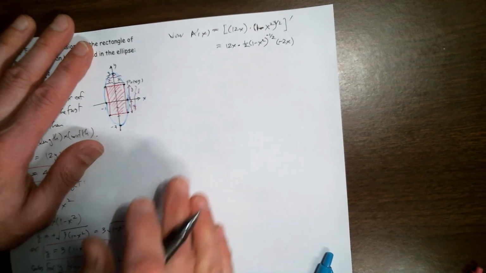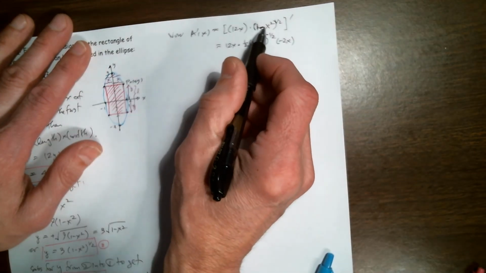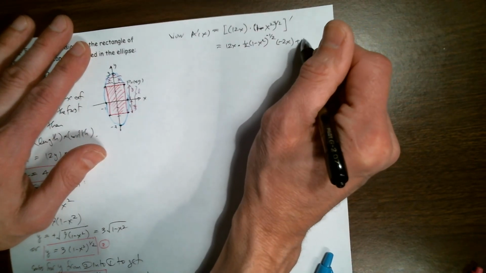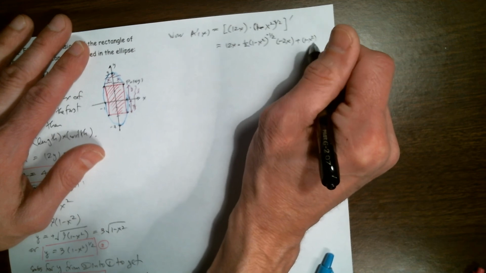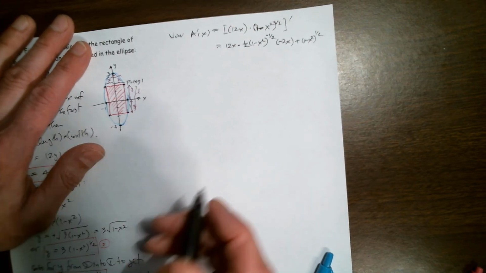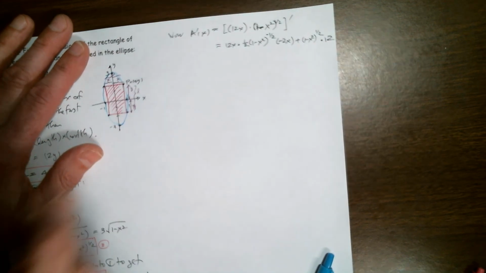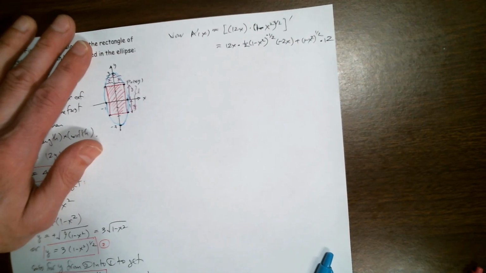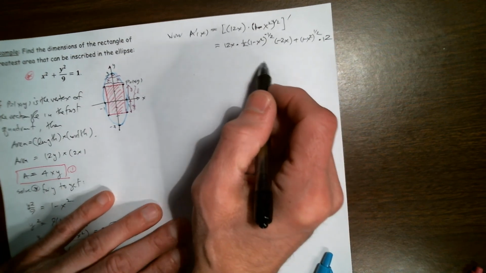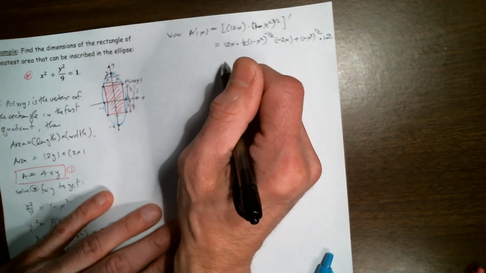Okay, so that's the first times the derivative of the second, and then of course plus our second function, 1 minus x squared to the 1/2 times the derivative of 12x, which will be 12. Okay, so now let's see, can we simplify this formula? And of course we can.